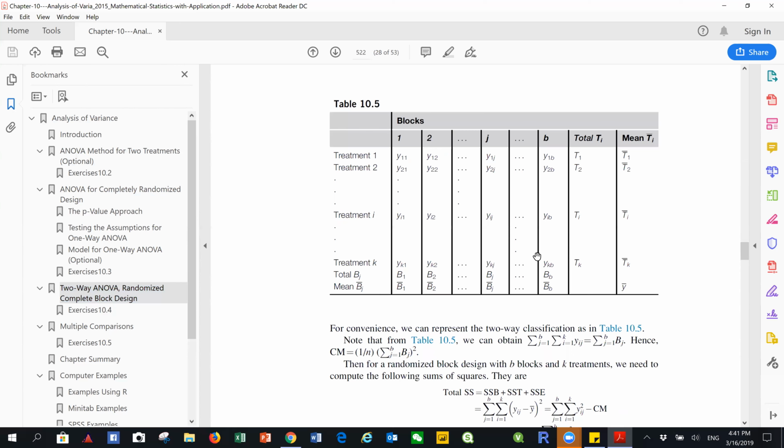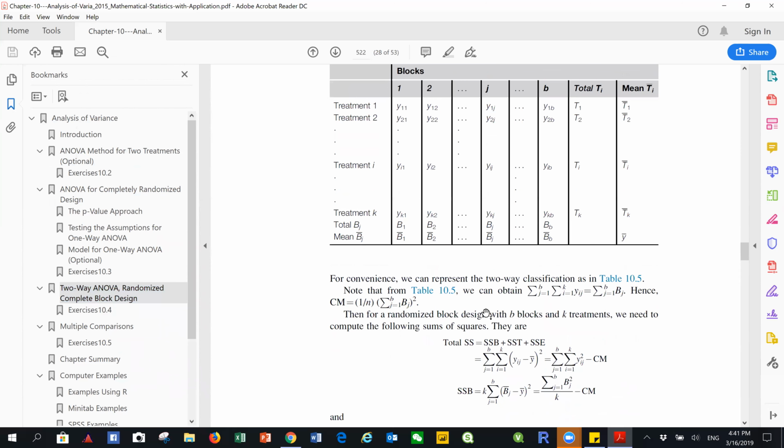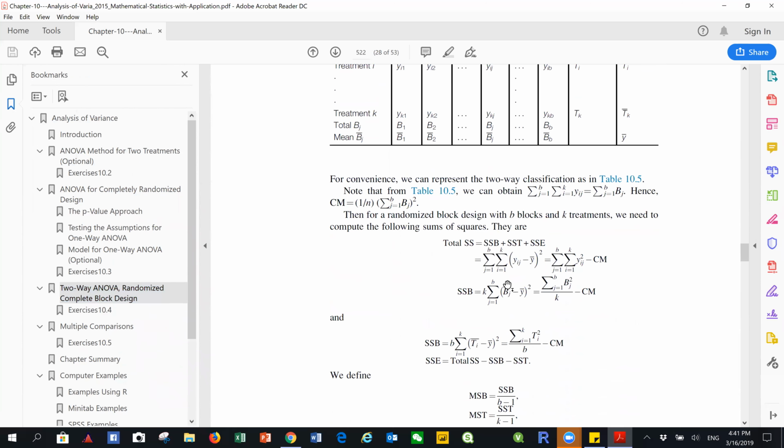So this is a two-way ANOVA, but the difference now is that the total sum of squares becomes 3 parts. It was just SST and SSE. Now you have SSB. So the variation was partitioned into 3 parts, and one is shared by blocks.